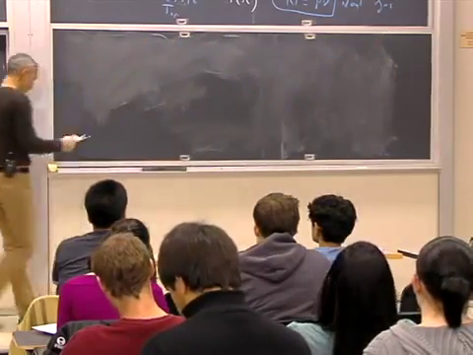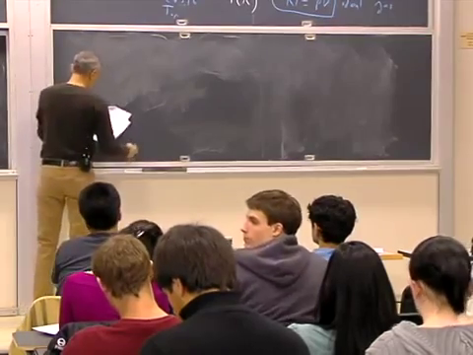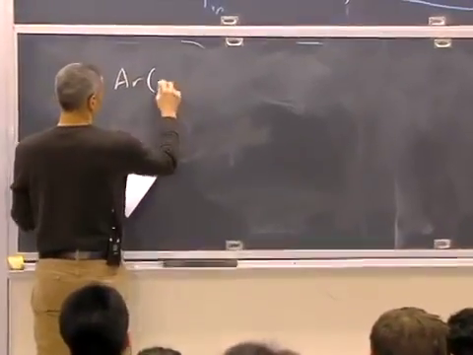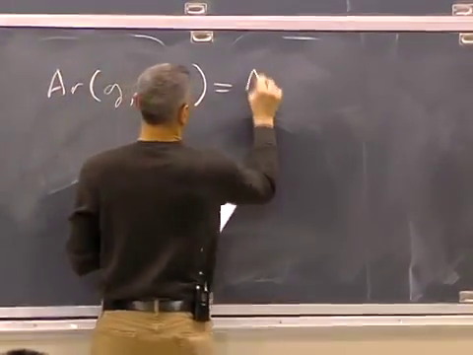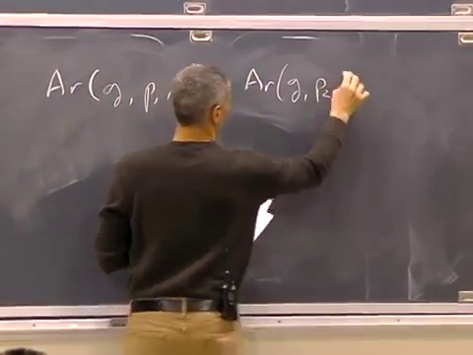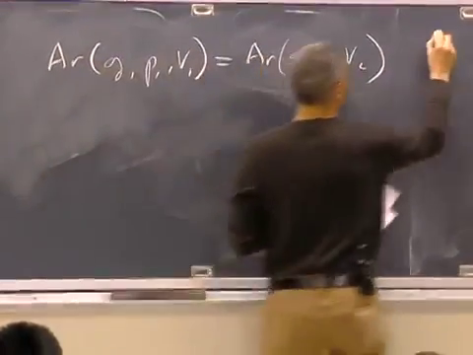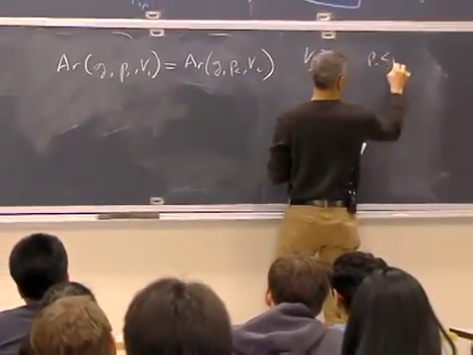Nice, non-interacting gas. We're going to do a compression. We're going to take argon with a certain pressure P1, volume V1. And we're going to go to a final state argon gas P2, V2, where V1 is greater than V2 and P1 is less than P2.